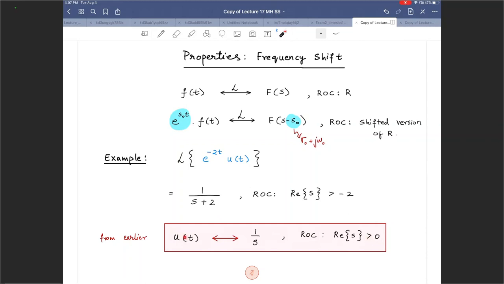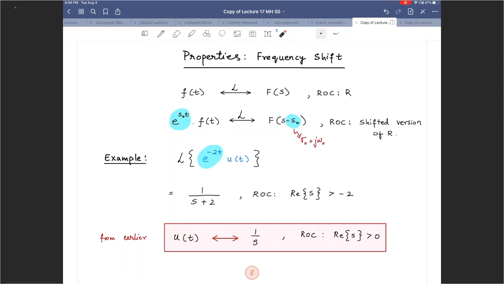Now, if we use this earlier result for the Laplace transform that we are trying to find, u of t needs to become e to the negative 2t u of t. So essentially in the time domain, we are multiplying by the factor e to the negative 2t, which means now we can use the frequency shift property here. S sub 0 is actually just negative 2.